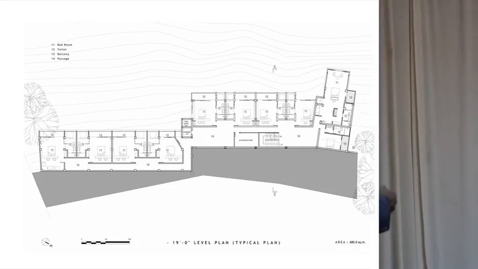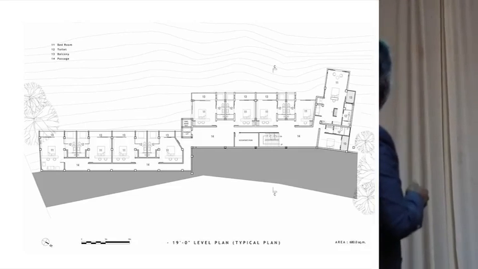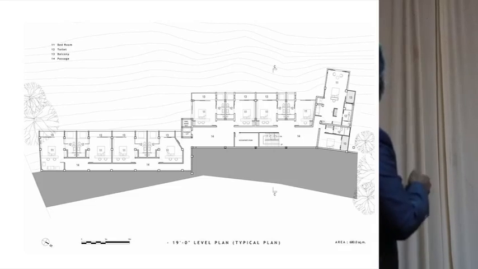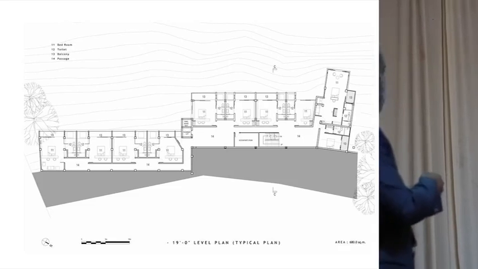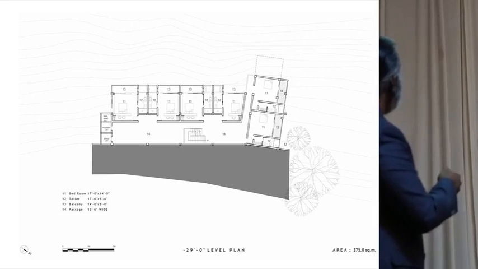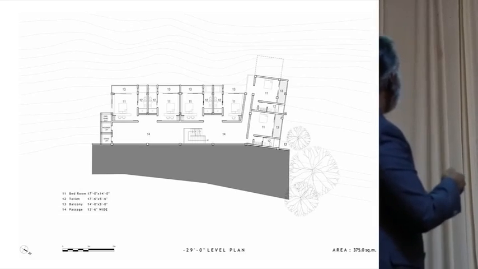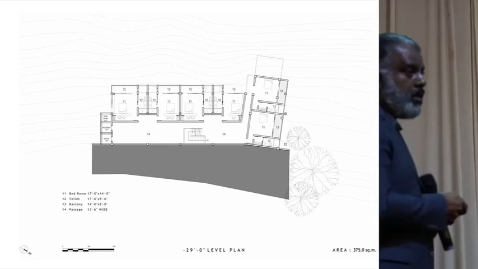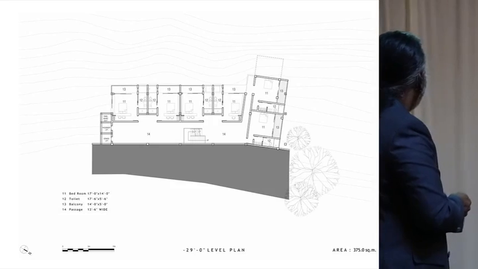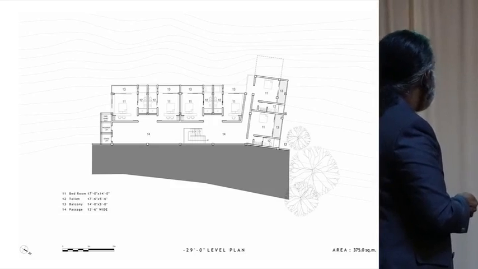We used only this portion as the main building and left this portion to keep a connection with the valley, and kept this portion for the general public. They can stop here and take any number of photographs, and we kept this extended deck for the in-house guests to use for their photography. And that's the plan of the restaurant.